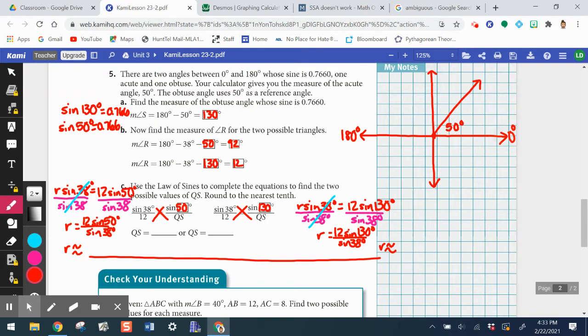Let's assume that on the x-axis to the right, this is 0 degrees. And as we rotate counterclockwise, we get all the way to 180 degrees. So if we start at 0 and go up and we stop here, we create a 50 degree angle. And so the relationship of the sine of 50, the side opposite of that 50 degree angle, to its hypotenuse.